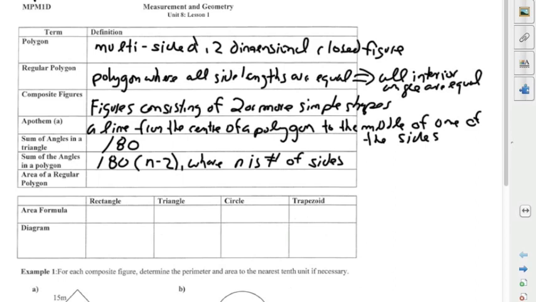What's the formula for the area of a regular polygon? Length times width, base times height, that's the area of a rectangle.